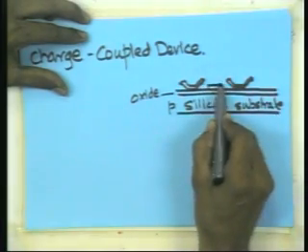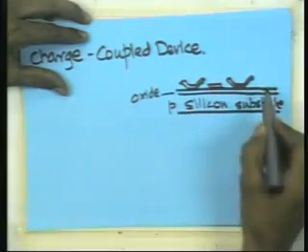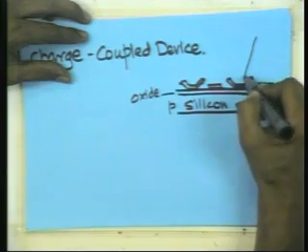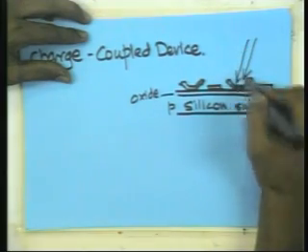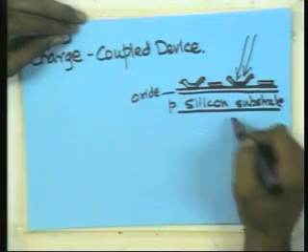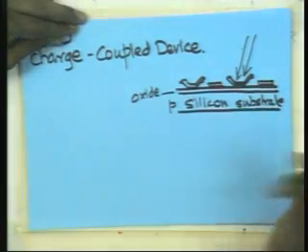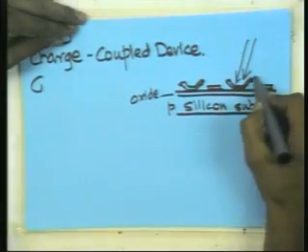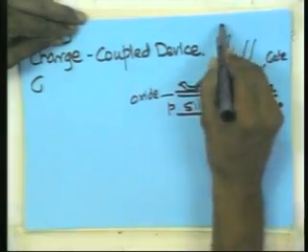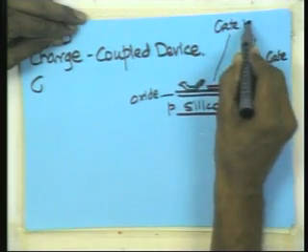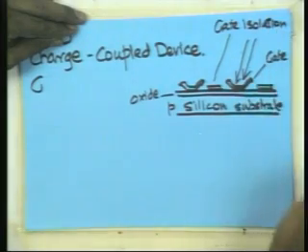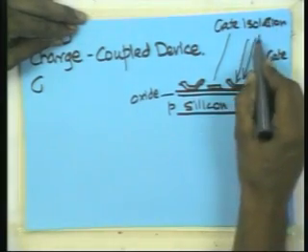And you have isolators. The basic idea is that you have photons coming to this gate, and the gate is positively charged compared to the substrate. So this is the gate and this is the gate isolation. These are photons.